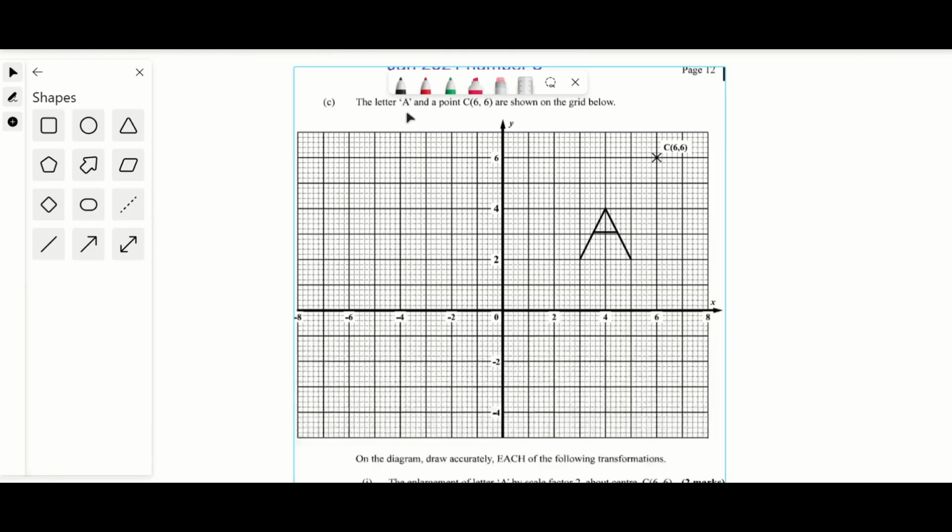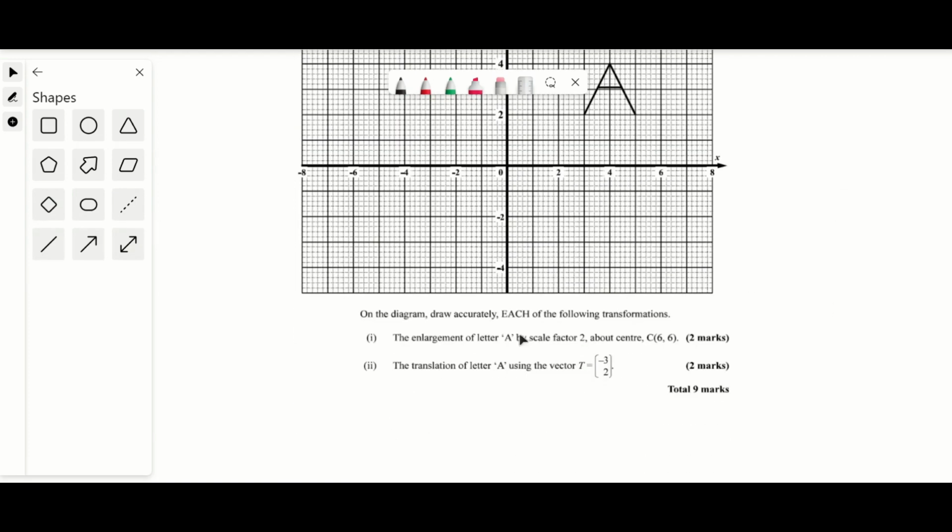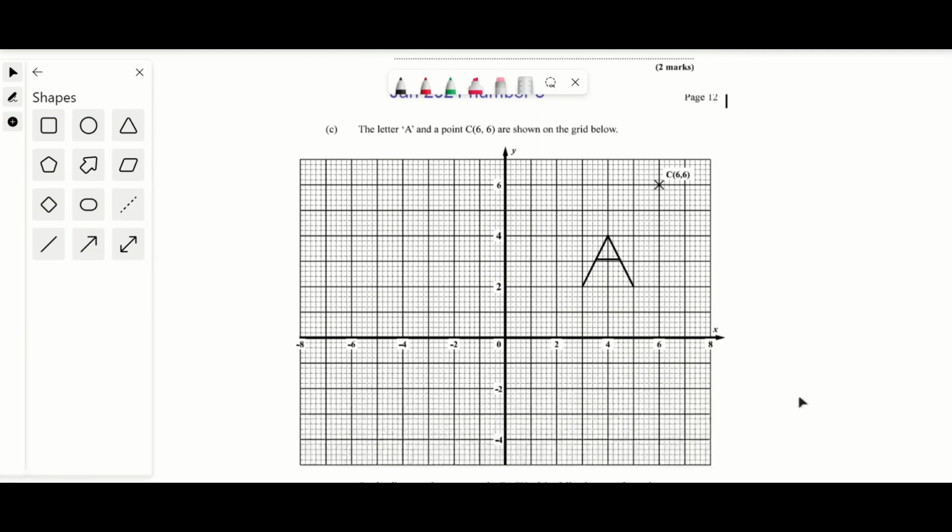This is letter A and point C at (6, 6) as shown in the grid below. So we have (6, 6) and A. On the diagram, draw accurately each of the following transformations. The enlargement of A by a scale factor of 2 about point C, which is (6, 6). So first off, we're going to draw a line from your point C, (6, 6), which is your point of enlargement.